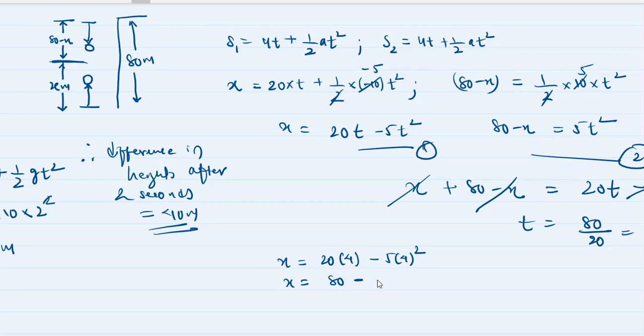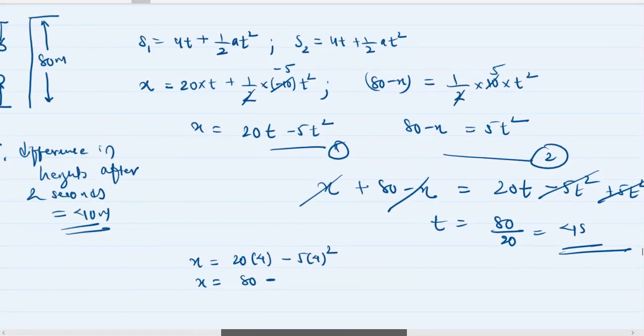Hey, how come it is coming 0? Wait, we are getting minus 5t square, and t is equal to 4, x is equal to 20t minus 5t square. I don't know why I am not getting it now.